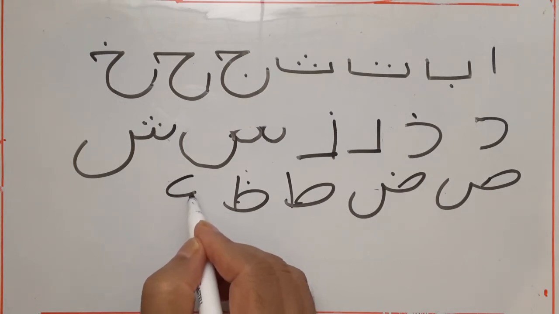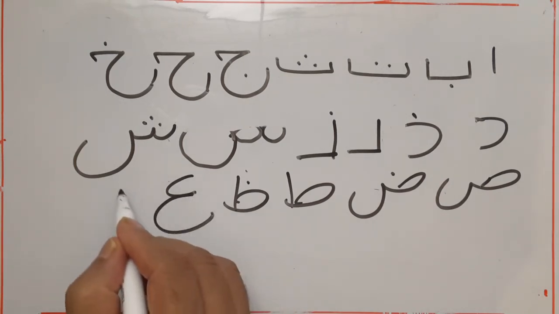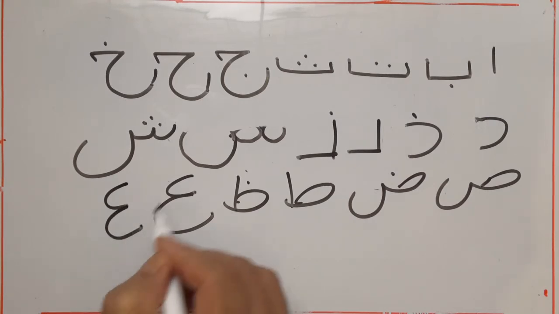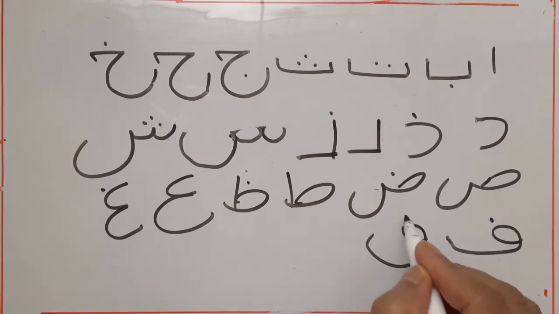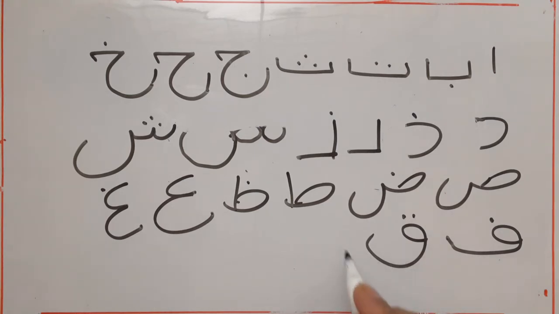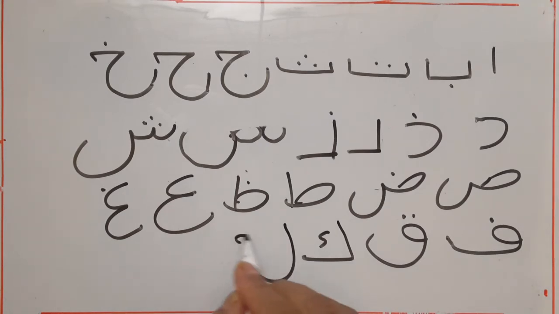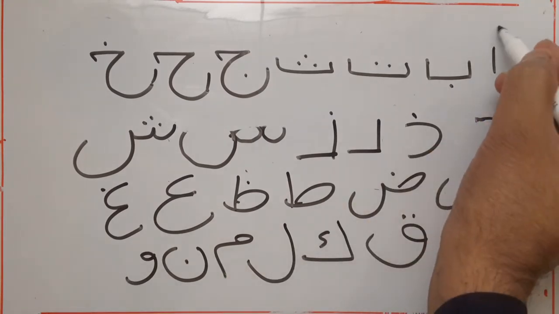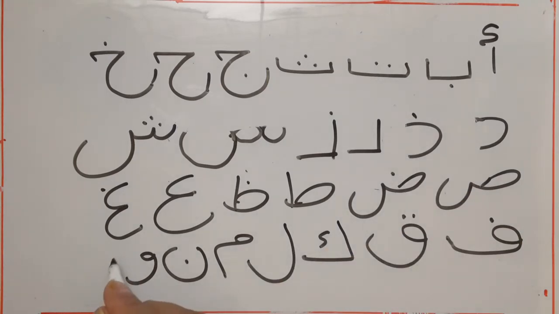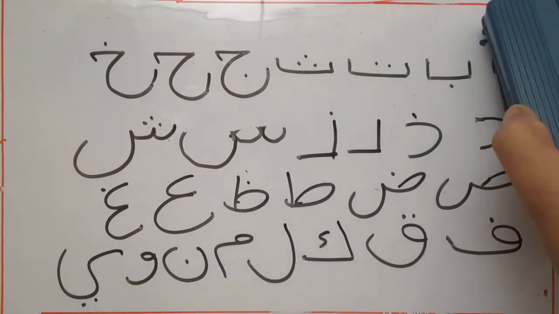A C shape, a small C and a big C, will give you ain, ghain. A round circle, fa, another one, qaf, kaf, lam, mim, noon, waw, and you can have a hamza here if you want at the top of the alif, or any ya here. Okay, you can change the shape of the hamza, make it better.